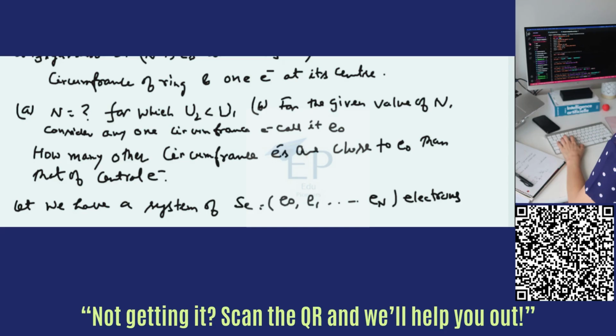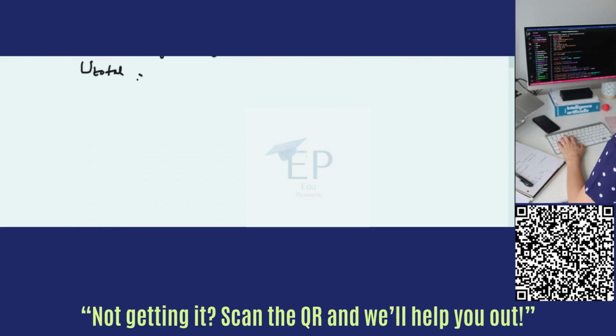Then the total potential energy of the system can be defined as the summation of e square upon 4 pi epsilon naught Ri Rj.